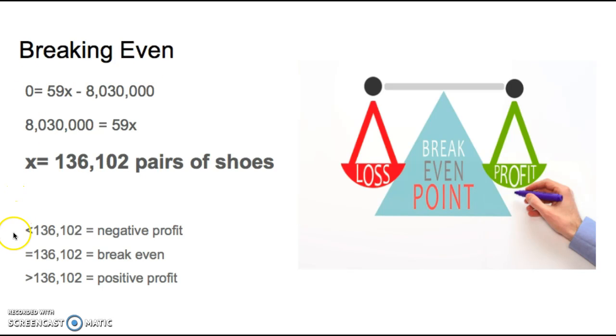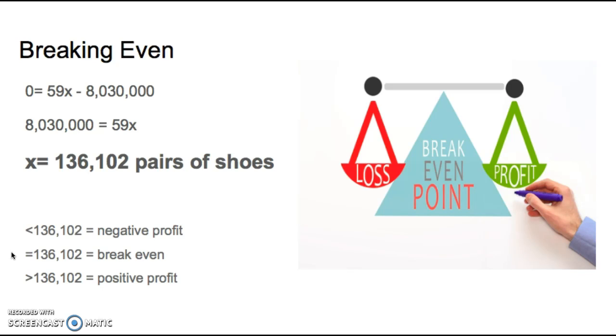So here is just a little summary. If we sell less than 136,102 pairs of shoes, we'll have a negative profit. This is because we have not paid off all of our costs, so we cannot begin to be making profit. The next is what we just figured out. If we sell exactly 136,102 pairs of shoes, we'll break even.